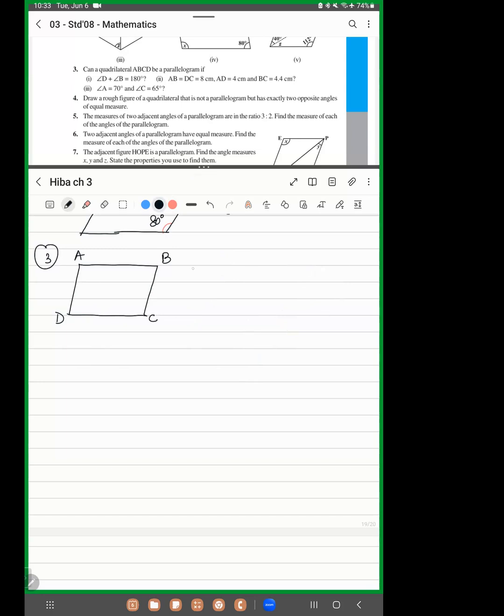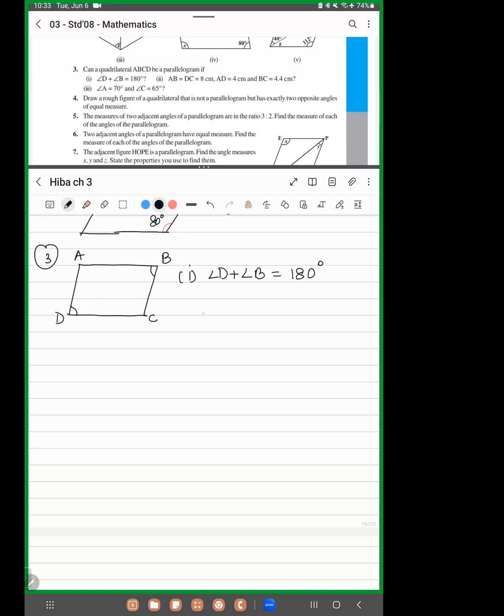So they're asking, can a quadrilateral ABCD be a parallelogram if angle D plus angle B is equal to 180 degrees? If this angle plus this angle gives you 180 degrees, can it be a parallelogram? I mean, if the measure of both angles is 90 degrees, then only it can give 180. But if it's not, then it can't.